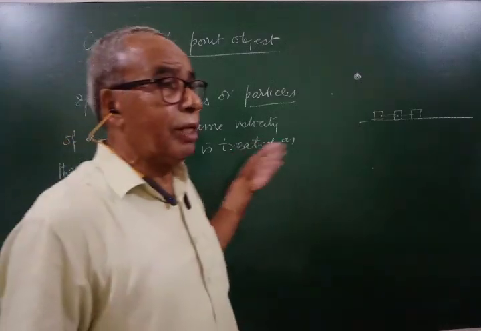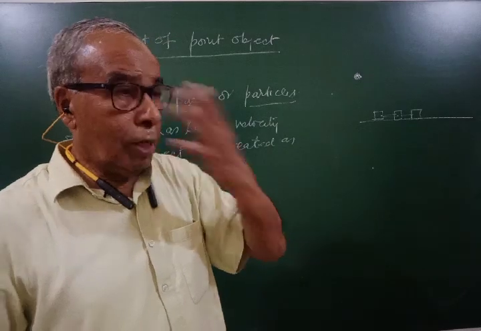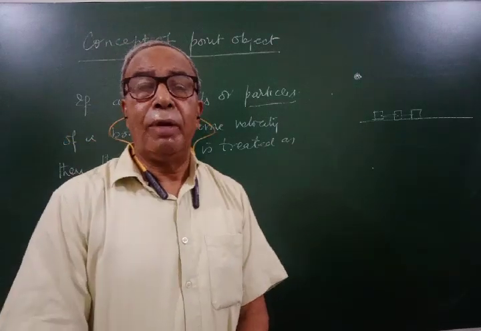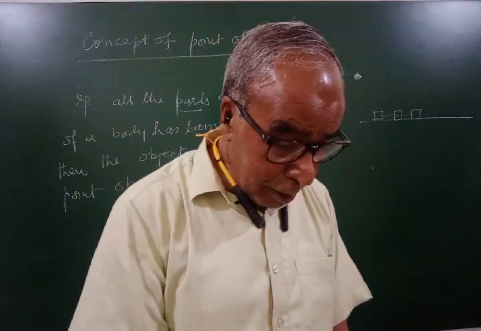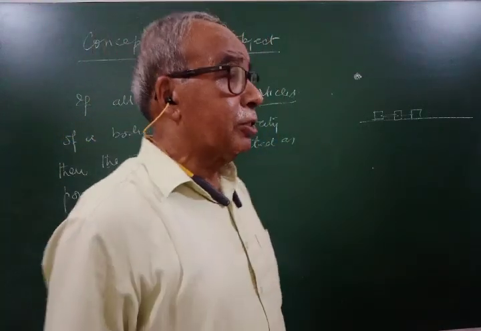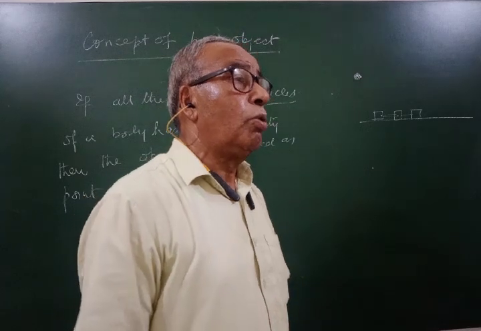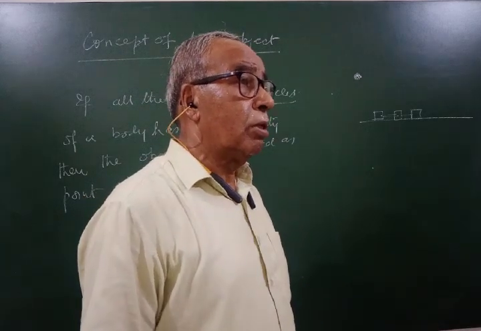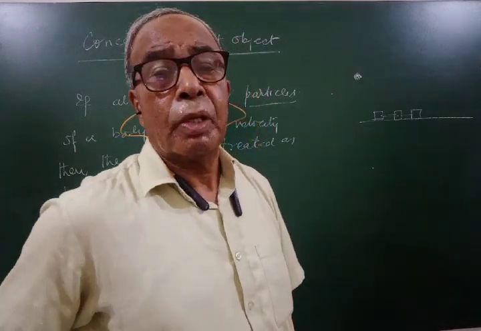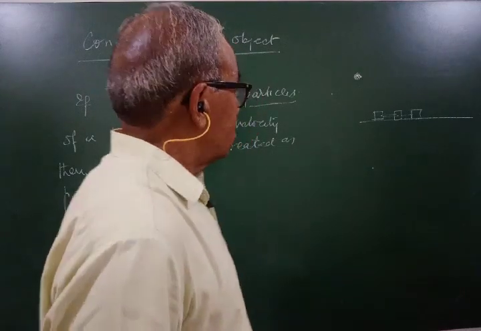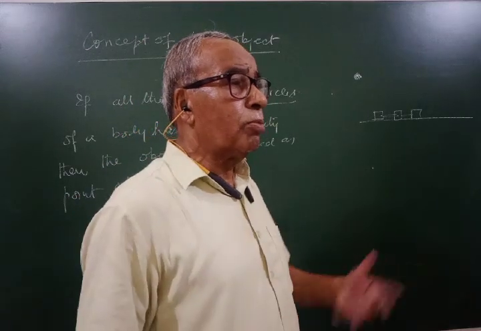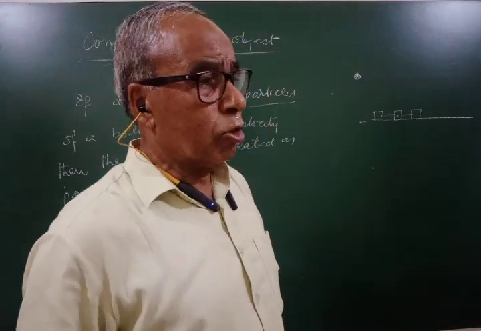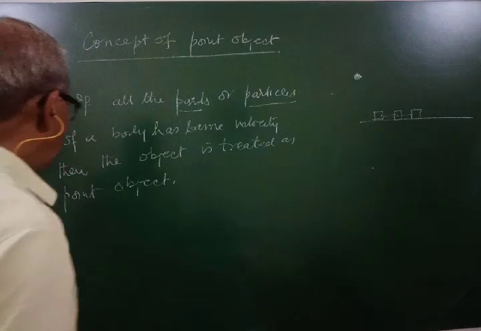Means their magnitude is the same, direction is the same. You will understand easily when I explain the concept of velocity. Understanding the concept of velocity is also very important. This concept of velocity is also very much wrongly understood. So if all parts of a body have the same velocity, maybe small or maybe big, then that object is supposed to be a point object.